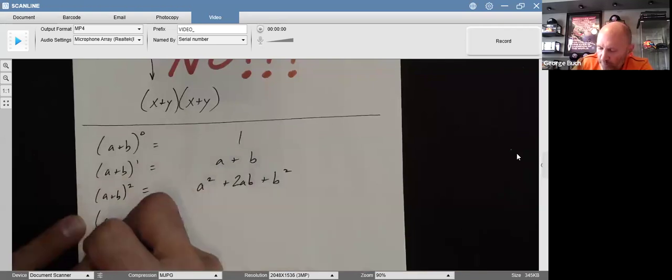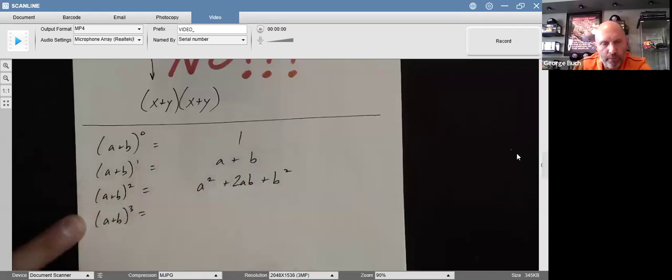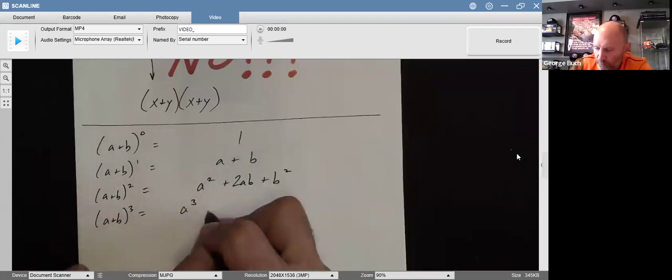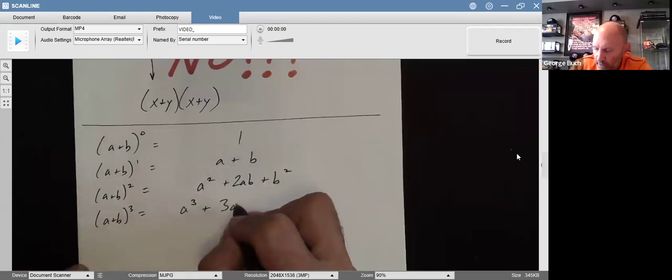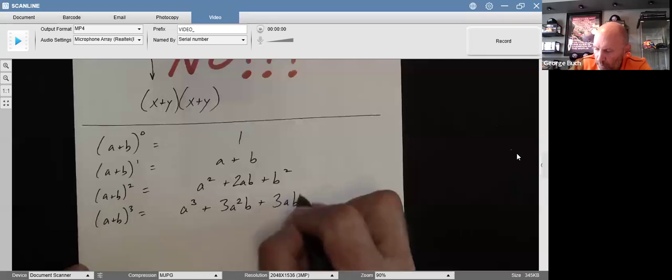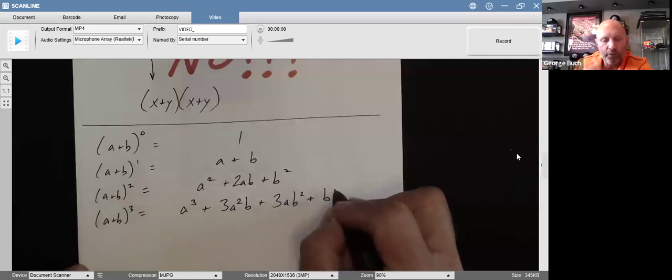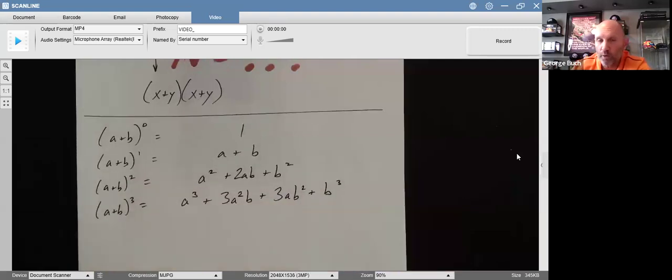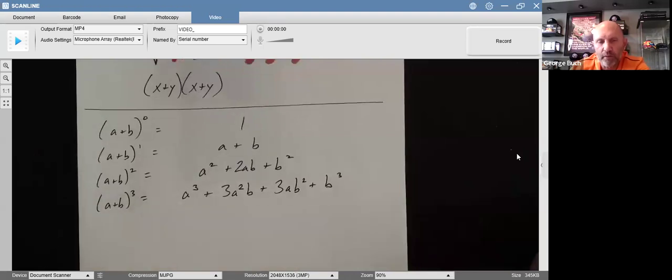If I had a plus b to the third power, so I did a plus b times a plus b times a plus b, when I wrote that all out, it would be a to the third plus 3a squared b plus 3ab squared plus b to the third power. And this could go on forever, right? A plus b to the fourth, a plus b to the fifth, etc.